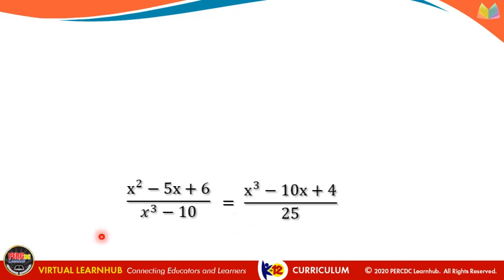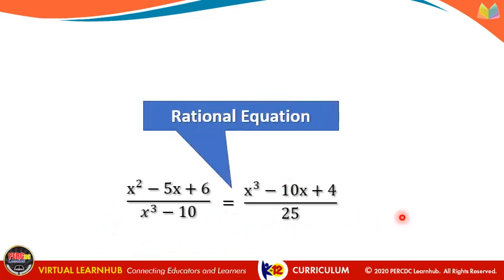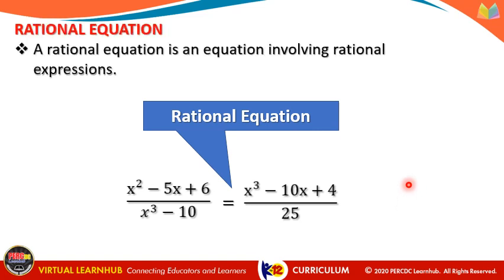Now, what we have is a rational equation. What's the definition of a rational equation? A rational equation is an equation involving rational expressions. Equation siya, pero yung nasa left side at right side ay parehas na rational expression. So again, I hope clear sa atin yan. Kuha ka ng dalawang rational expressions, maglagay ka ng equals sa gitna, you now have a rational equation.